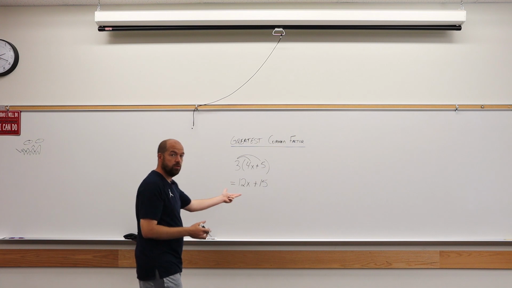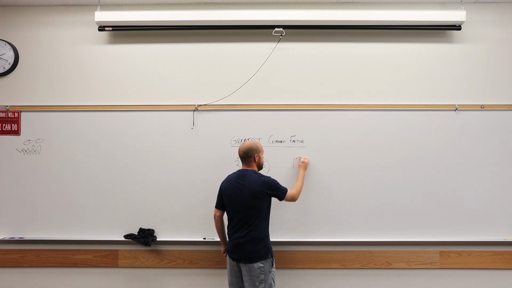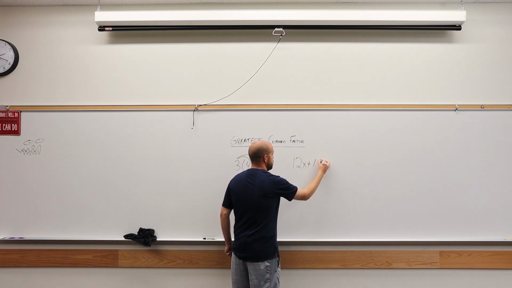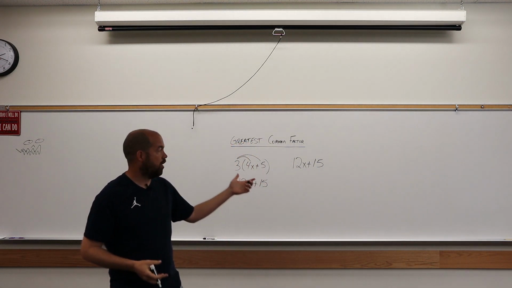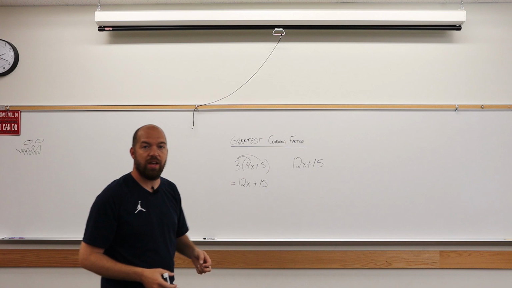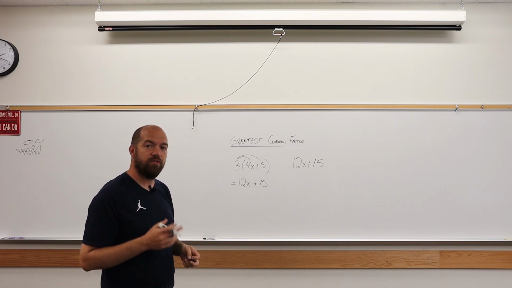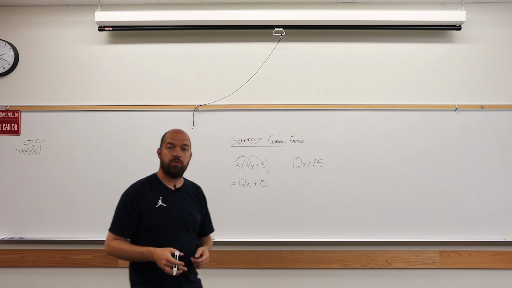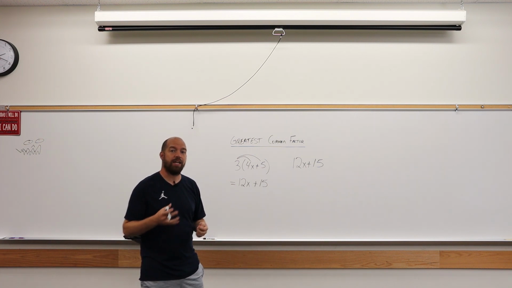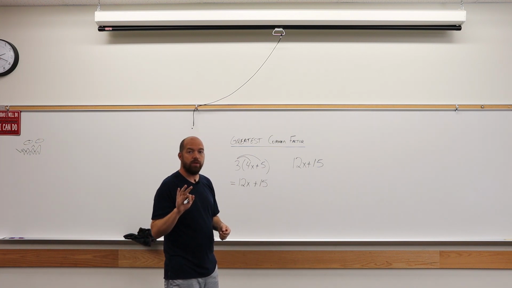All right, so if I was to do the same exact problem, let's say we had 12x plus 15, you would look at this and say, what factors do those two terms have in common? What does the 12x and the 15 both have in common? If I look at those two terms, I could actually divide both of them by a 3.